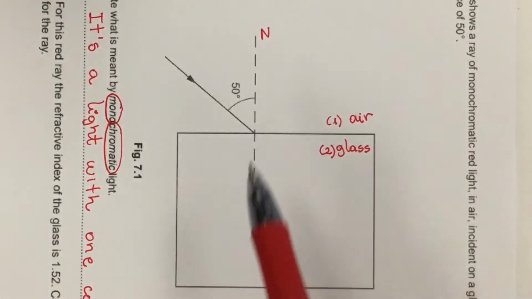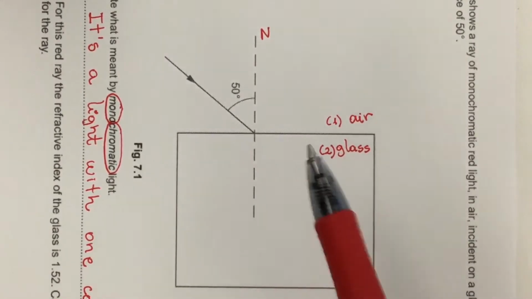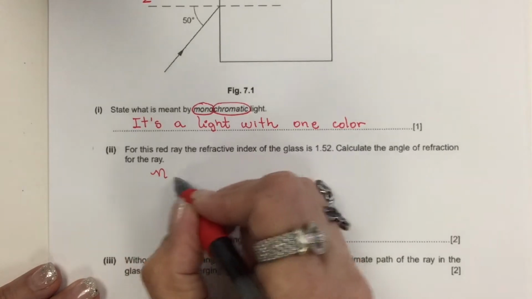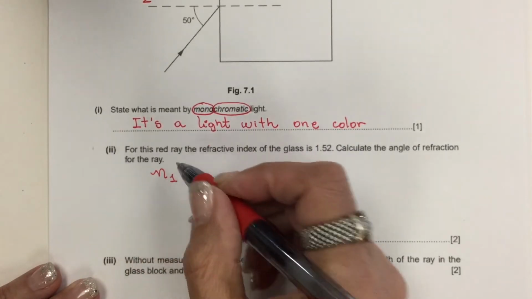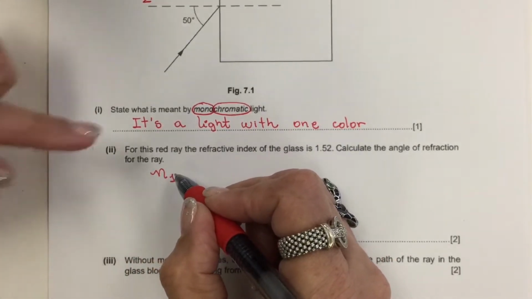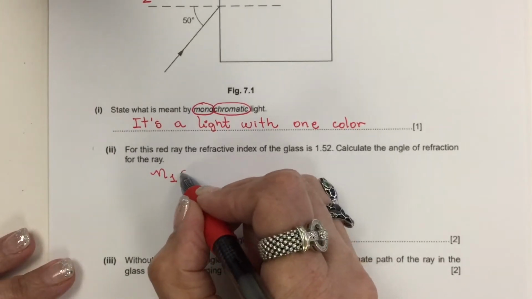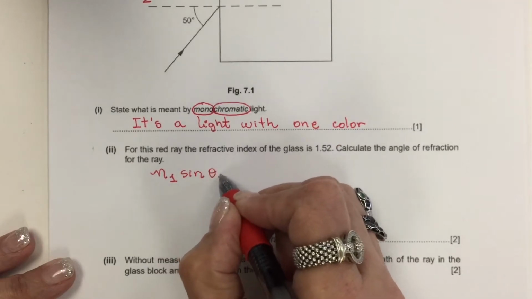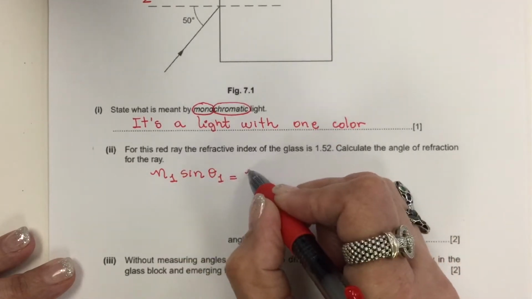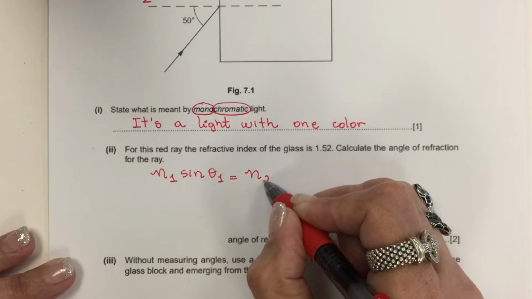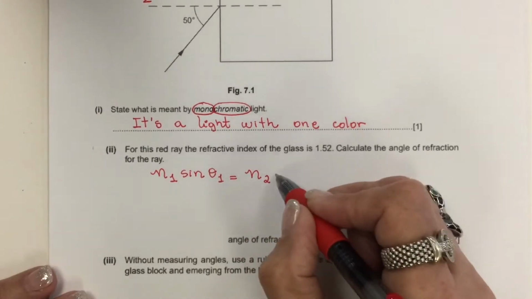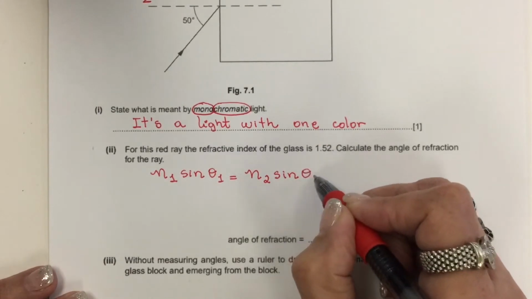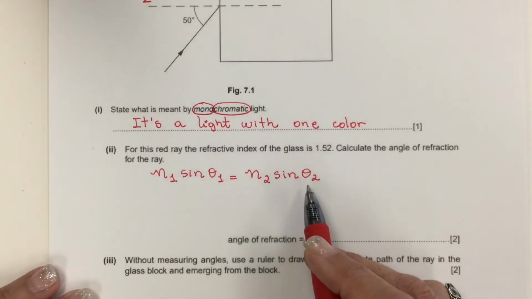To calculate the angle of refraction, I'm using Snell's law. Snell's law states that the index of refraction of the medium above the boundary line times the sine of the incident angle is equal to the index of refraction of the medium below the boundary line times the sine of the refracted angle.